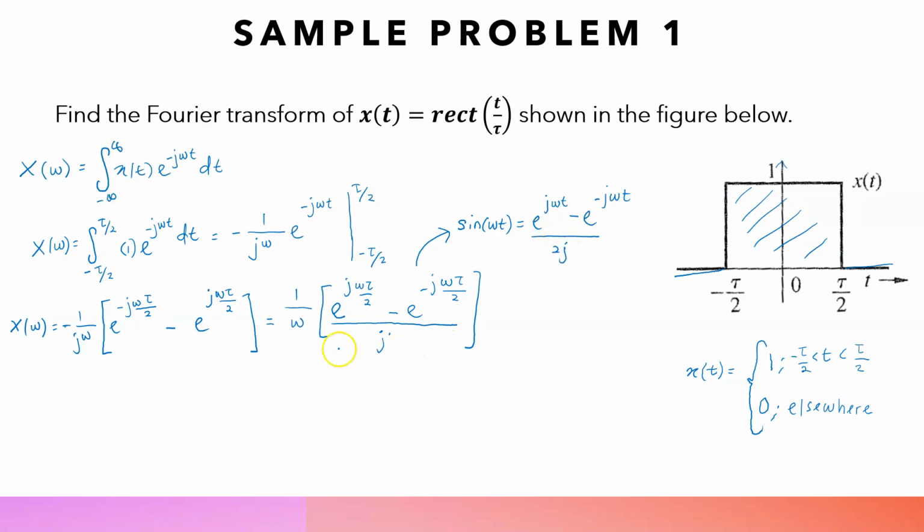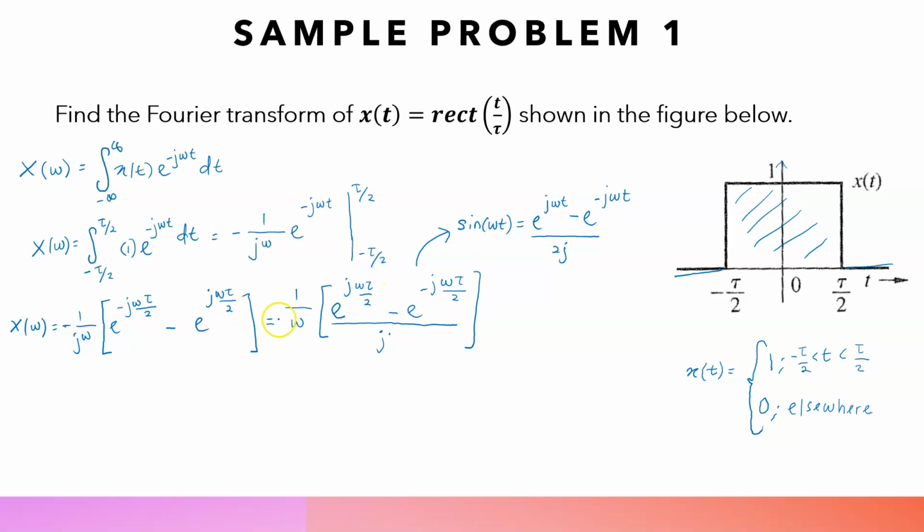So this form is actually similar to this, except for the 2 here. It means instead of sin ωt, for this part we will have 2 sin, and the one in the bracket, instead of just ωt, will be ωτ/2.